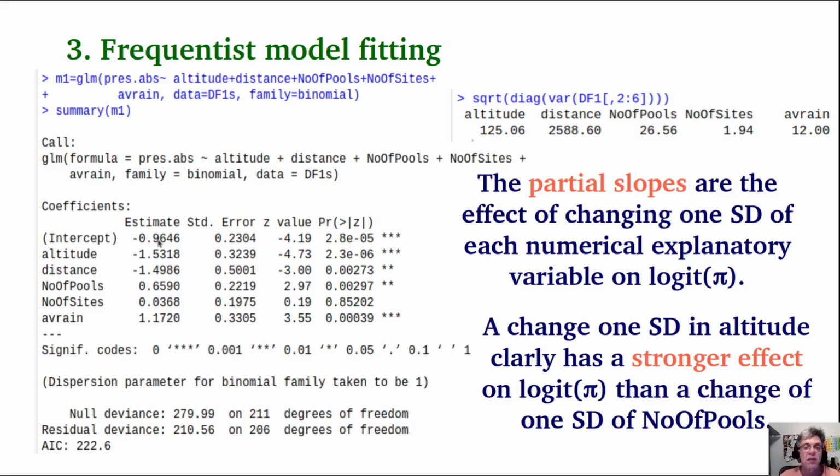So the intercept here is the logit of pi over 1 minus pi when all the variables are set to 0. All the variables are set to 0 when they attain their average value. So the intercept corresponds to the logit of pi when all the variables are at their average values.